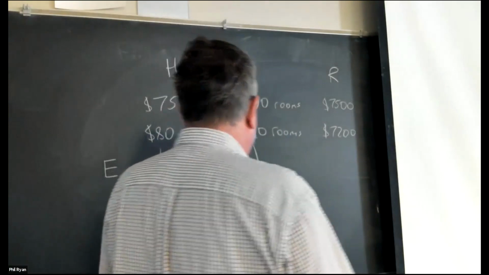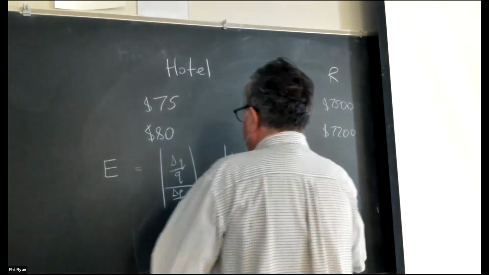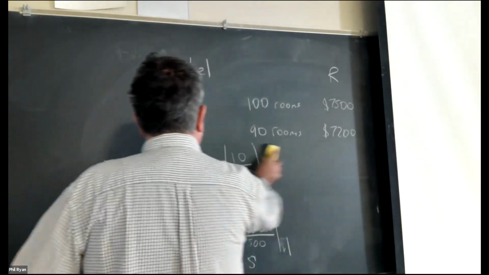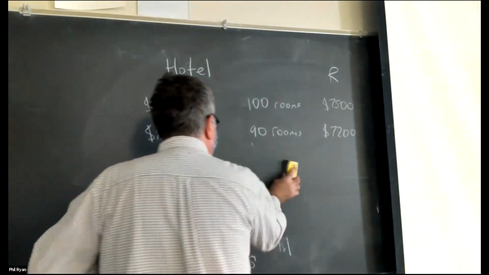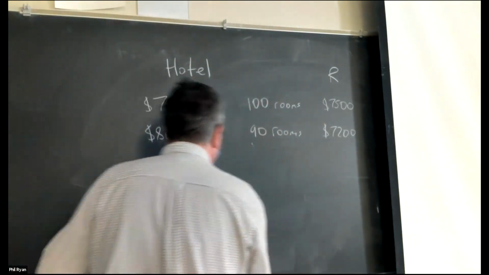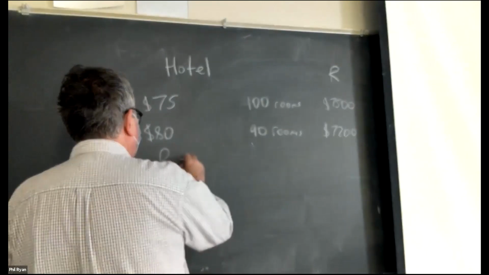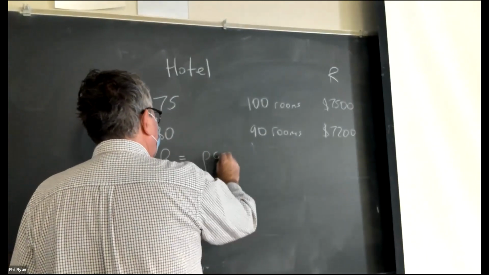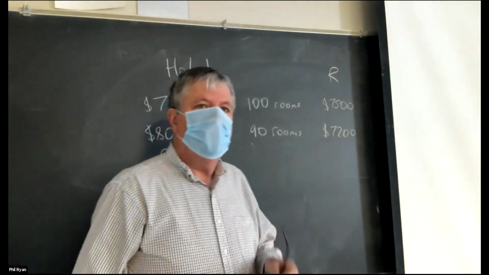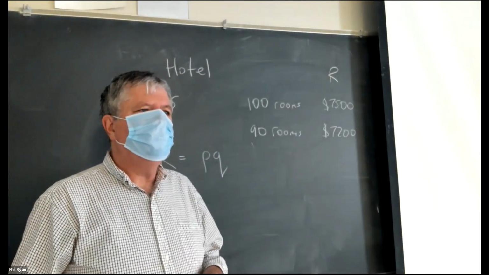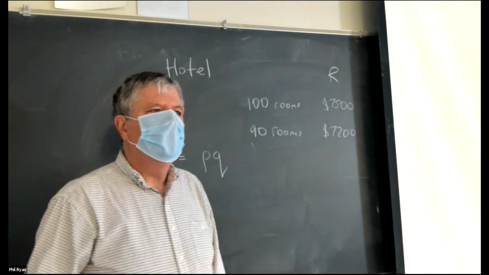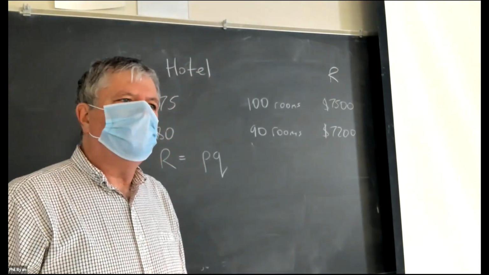Okay, now why would that be? Well, let's have a look at the revenue function. The revenue function is P times Q, right? So we know how to optimize something.